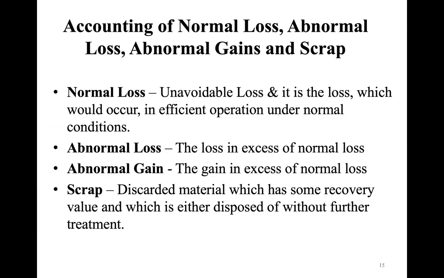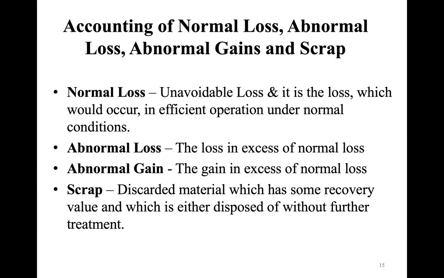Now, the next part. We have accounting of normal loss, abnormal gains, and scrap. First, see what these terms are. What are the definitions? Just read this. What do you mean by a normal loss? Unavoidable loss, and it is the loss which would occur in efficient operation under normal condition.